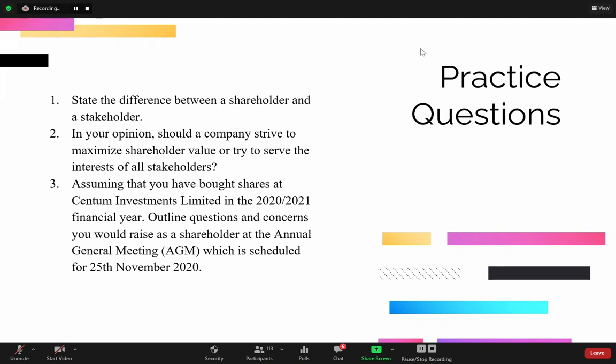Then the major issue with this question is that we have two groups, the shareholders and the stakeholders. Let's look at shareholders as the people who will be pumping money into your corporation, money which you use to grow.